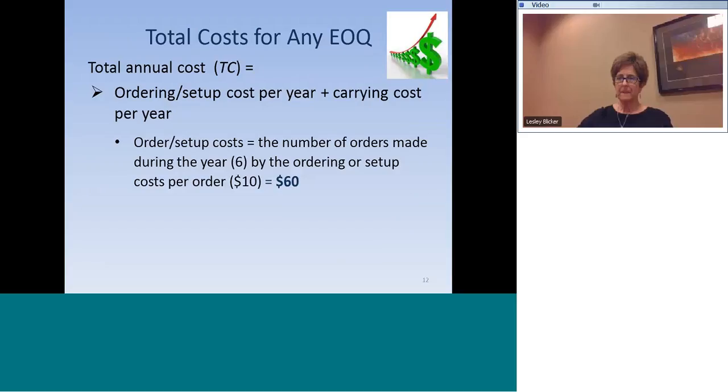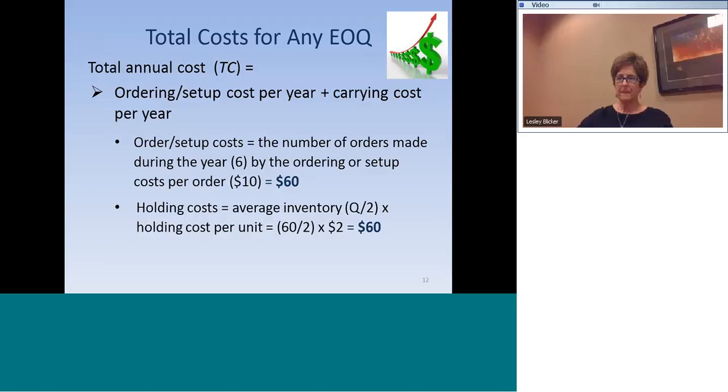The order costs are $60 based on the bullet that you just saw, and then the holding cost is our average inventory, or Q divided by 2, times the holding cost per unit. We already calculated that to be 60 as well.